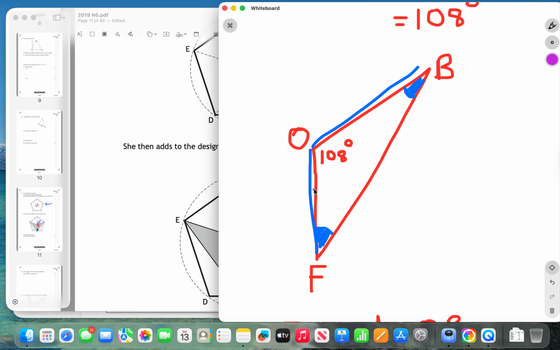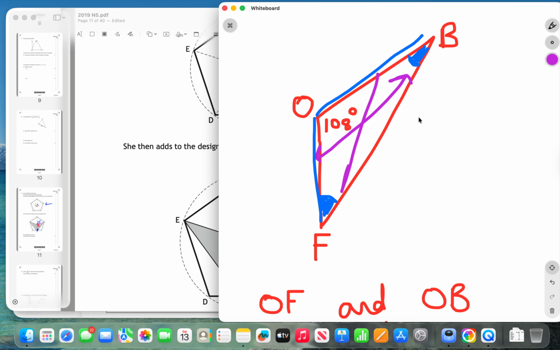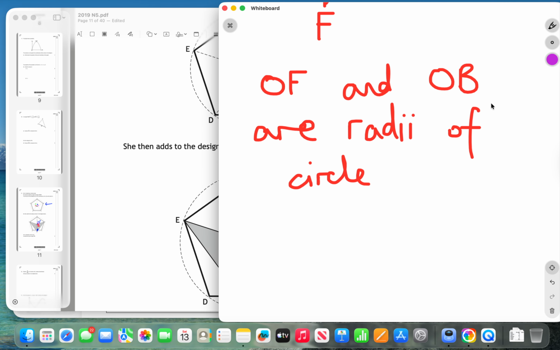We can see that this side is opposite that angle, and this side is opposite this angle. So those must equal each other.